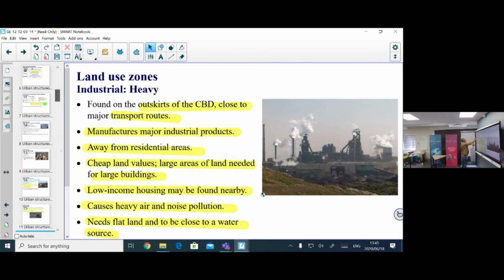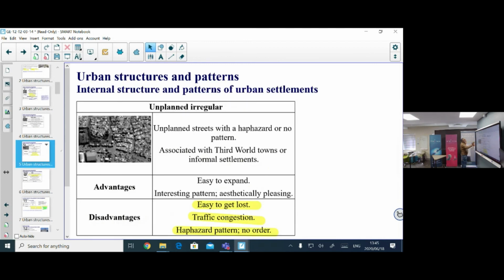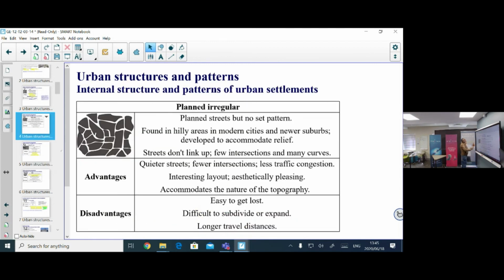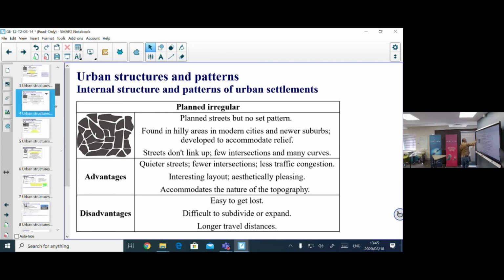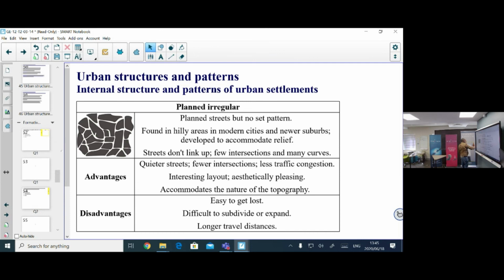We've got this one. Unplanned irregular, let's look at planned irregular. Yes, this is it. And then we have planned streets, but no set pattern as it is described there in the question. Let's go back to there. It was our question number 1, is it? Let's go to another question.